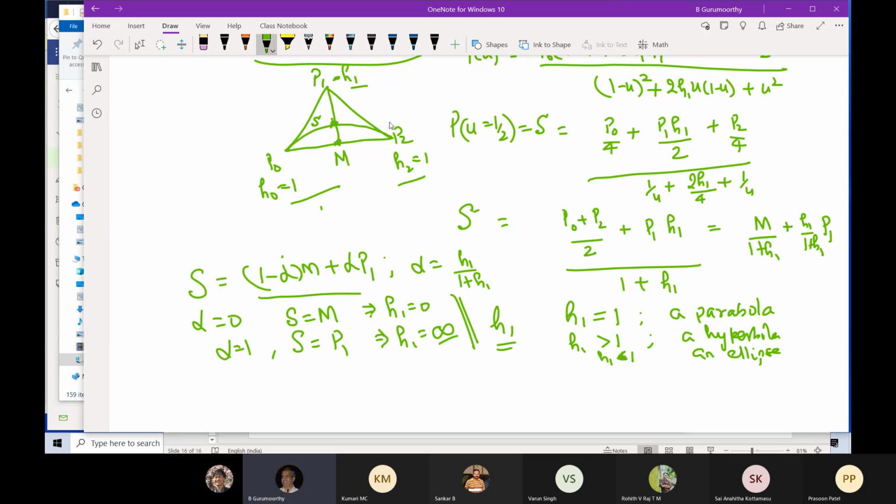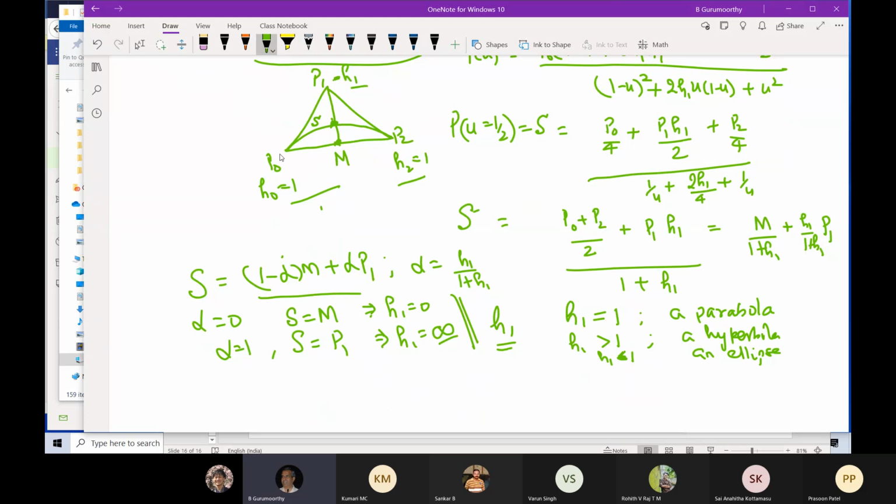But the more interesting thing is that if I know the angle subtended, so if this is the arc, we know that somewhere between 1 and 0 there is a value of h1 for which this is an exact arc of a circle.